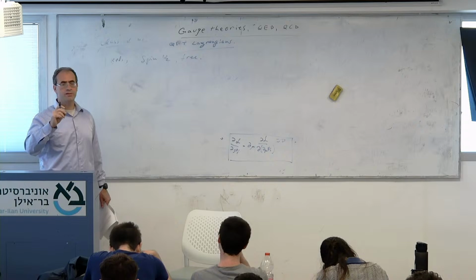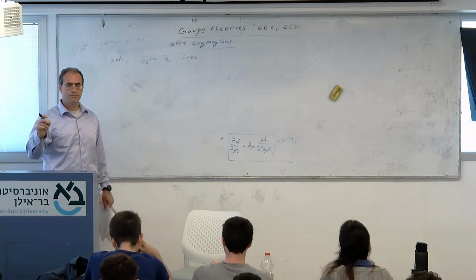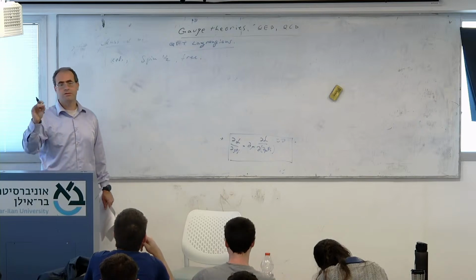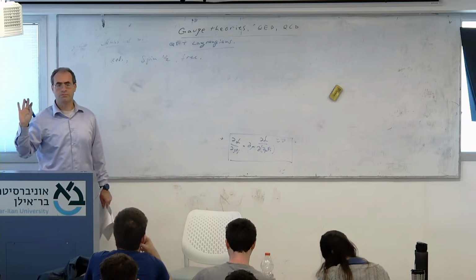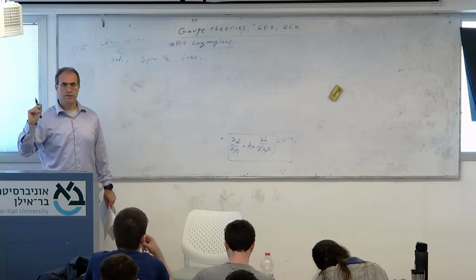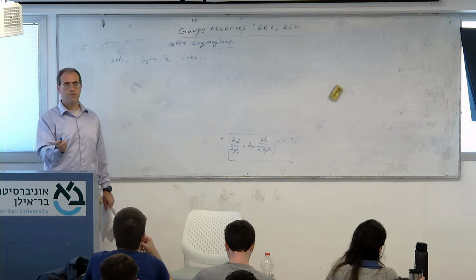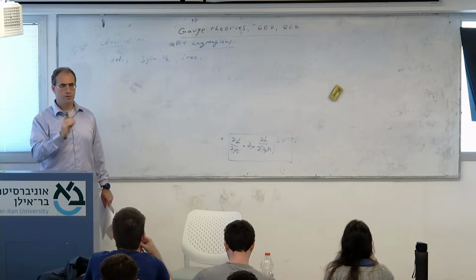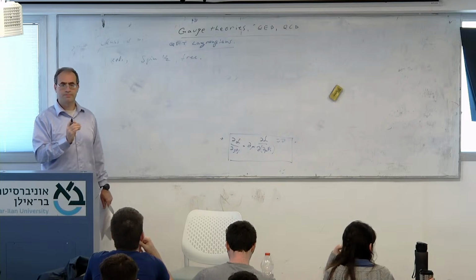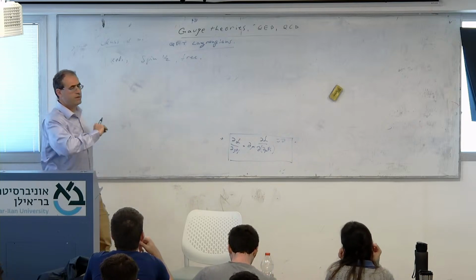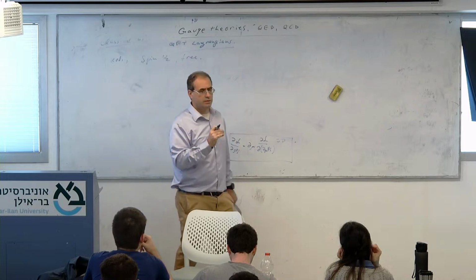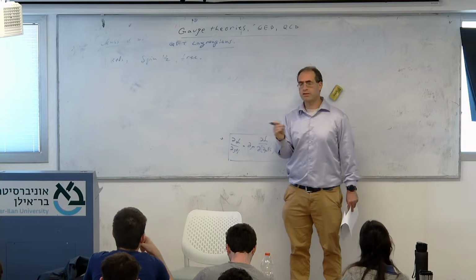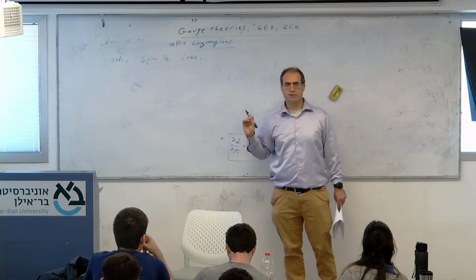If I use this field on the vacuum, I can excite as many particles as I want of the same type. There is no interaction in this Lagrangian. So when I write down this Lagrangian, I am in a model that allows the existence of such particles, but they don't do anything interesting because they don't interact.